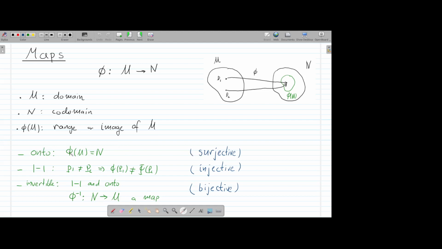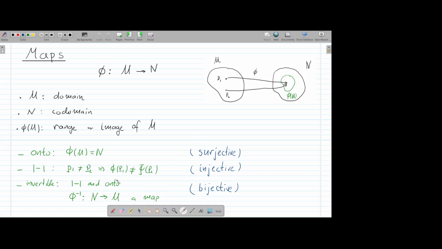So if the image of M is the same as the codomain N, then we call the map onto N. A map is one-to-one if 2 points here have different images on N. Of course, for a map, it's not allowed for a point on M to have 2 images on N, but 2 points on M can have the same image on N. So if these are distinct for all points on M, then the map is one-to-one.